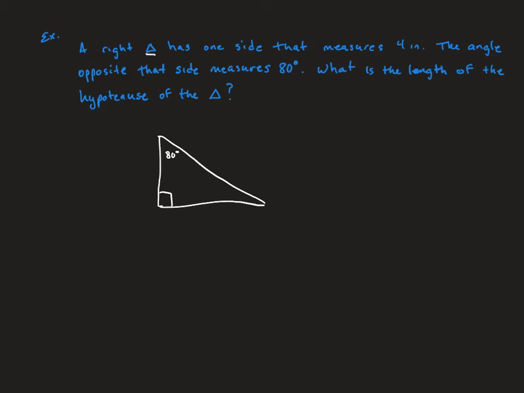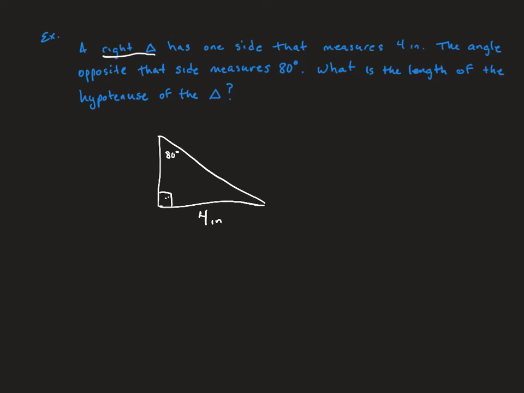So we have a right triangle right there, has one side that measures 4 inches, the angle opposite that side. So this is 4 inches because that is the side opposite 80 degrees. What is the length of the hypotenuse?